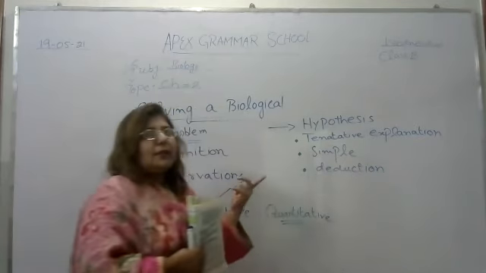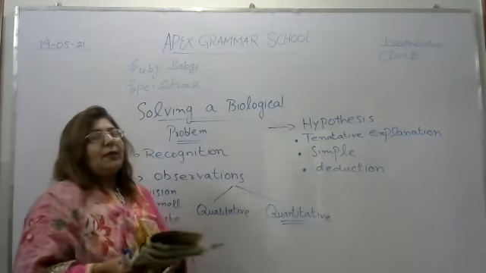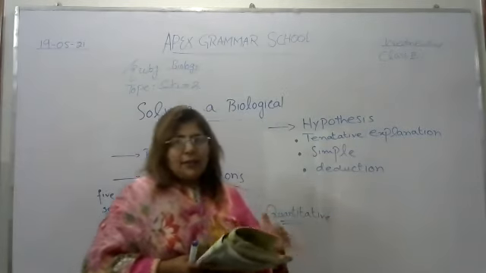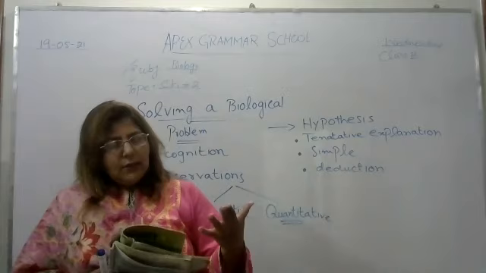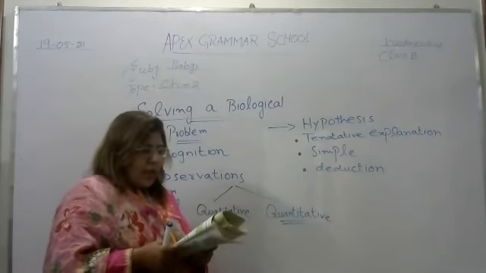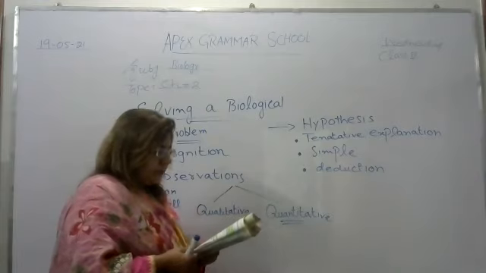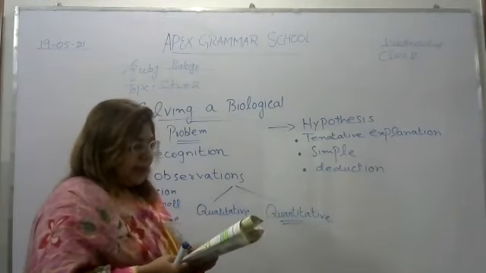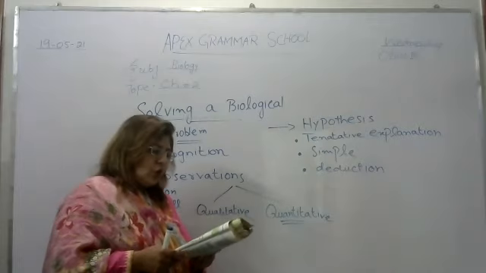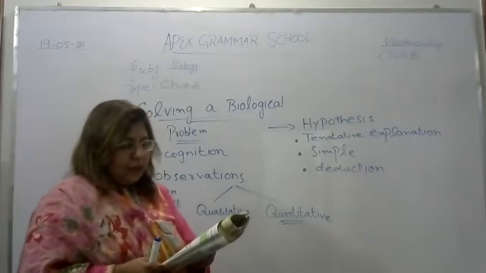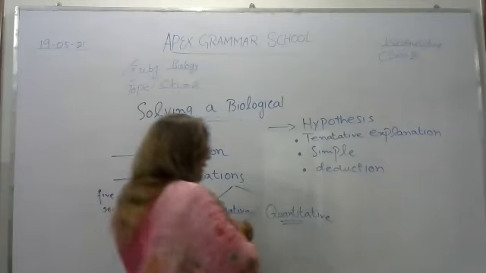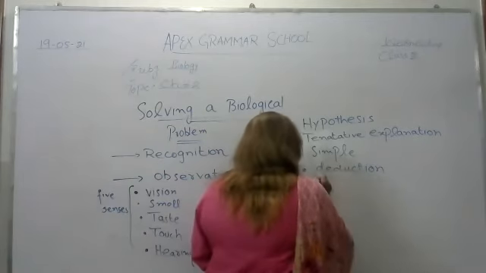Third is deduction: some things will be part of the hypothesis and something will be deduced. We see one thing and we guess the other thing. This is called deduction. And after that, a great deal of careful and creative thinking is necessary for the formation of a hypothesis. So biologists use reasoning to formulate a hypothesis. What do they use? They use reasoning.